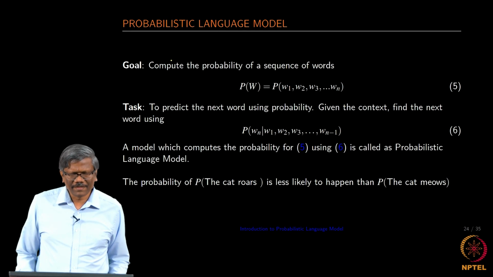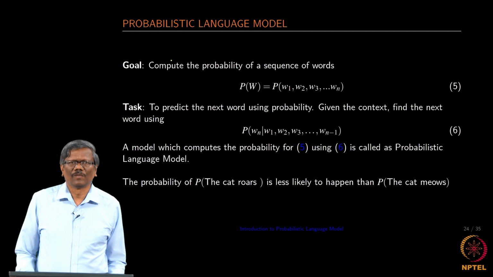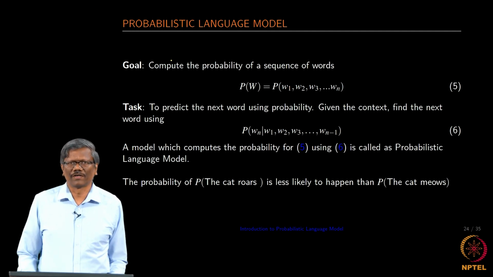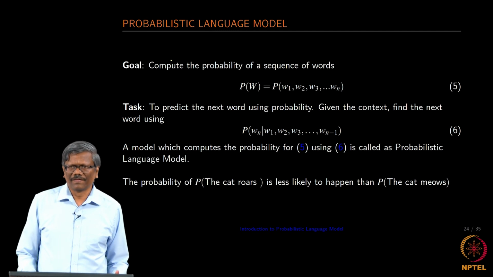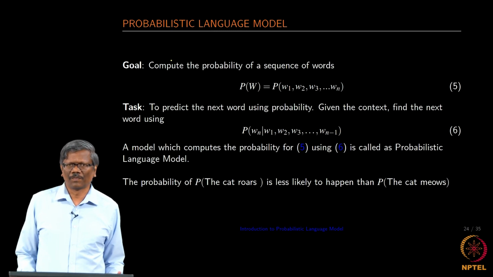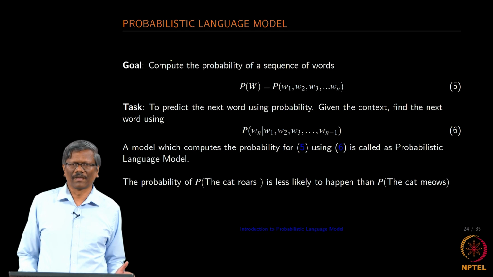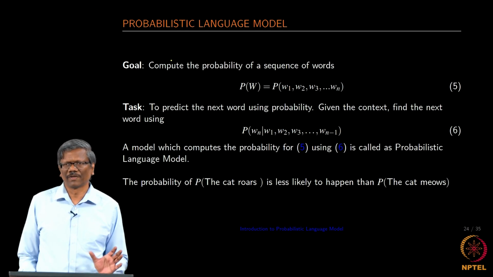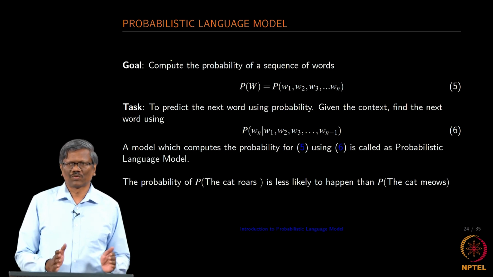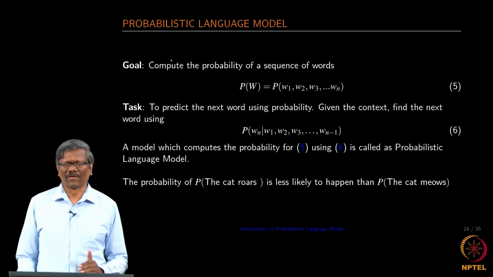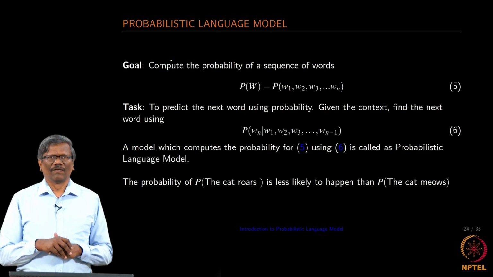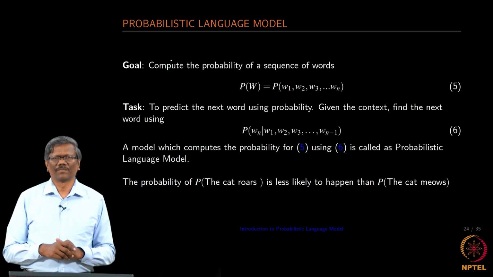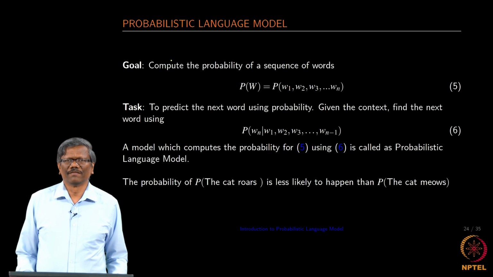Okay, so now let us get on to the formal definition of how you define a probabilistic language model. So far we have only been seeing bits and pieces of the applications of probability, in terms of how you apply conditional probability to find out whether two words occur together or not. Now we really want to compute the probability of a given sentence.